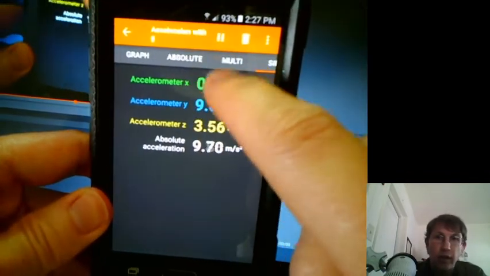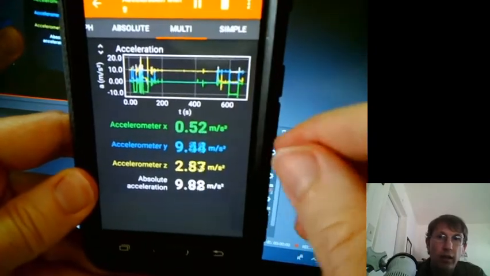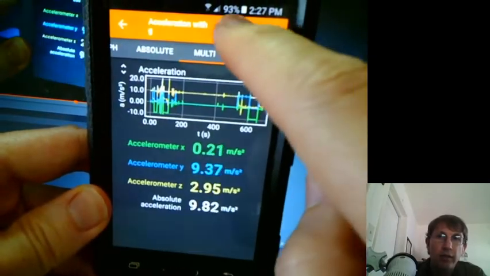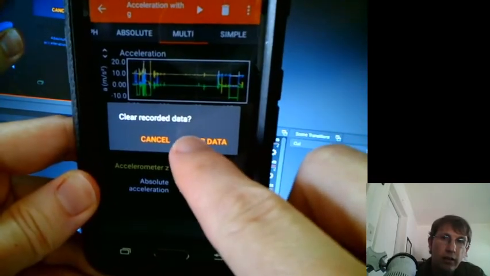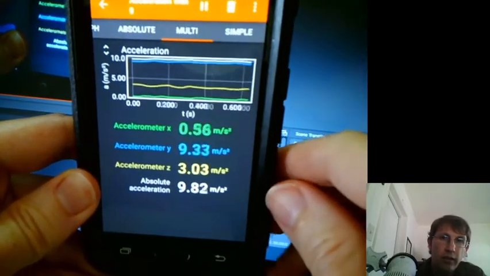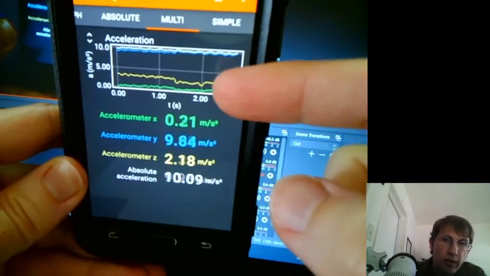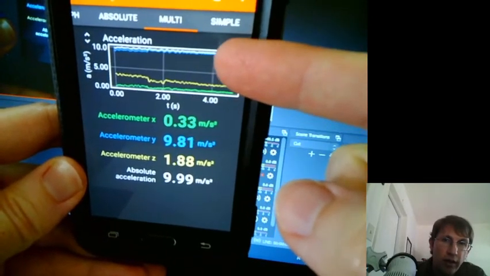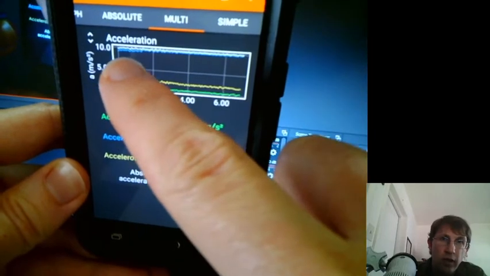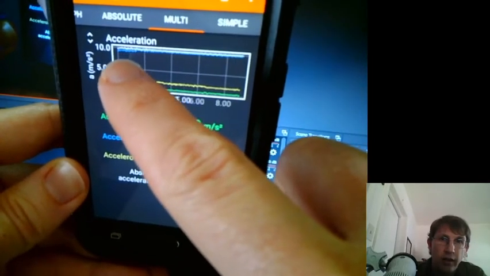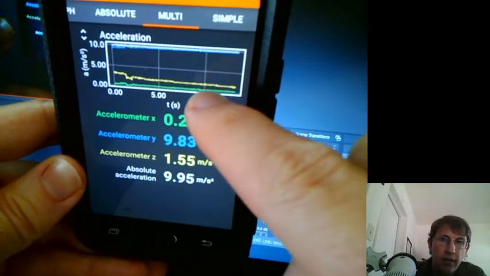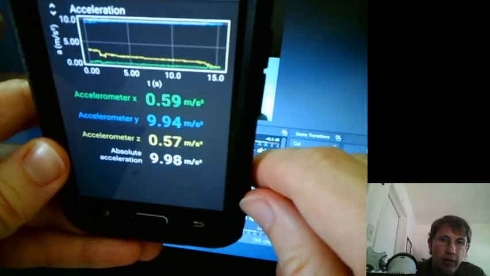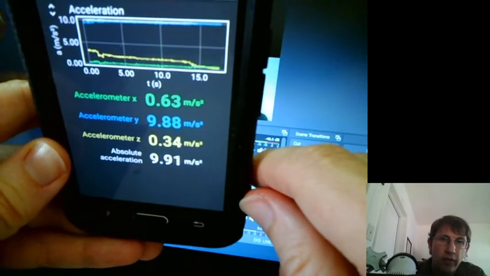Let's switch to a graph here. Let me stop this and junk the data so far and start again so we can see. So here you can see the y values, the blue curve is near 10, like 9.8-ish, and the x and z axes are giving me near 0 acceleration because the phone is vertical.